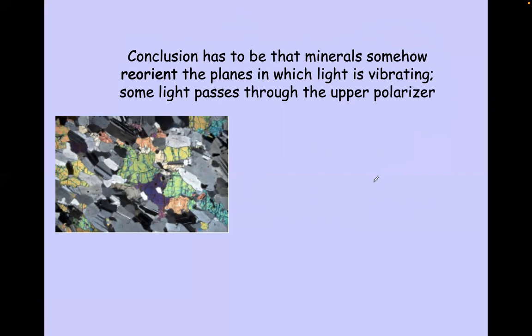Okay, this is a very, very important feature with respect to the polarizing microscope. I think you can now understand the important properties of light which we use under the polarizing microscope to understand the mineral.